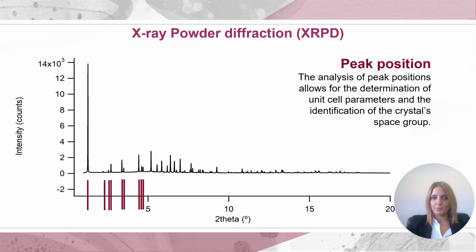The second piece of information that we can obtain from our diffractogram is the peak positions, because peak positions are related to lattice metrics. This means unit cell parameters and the space group.